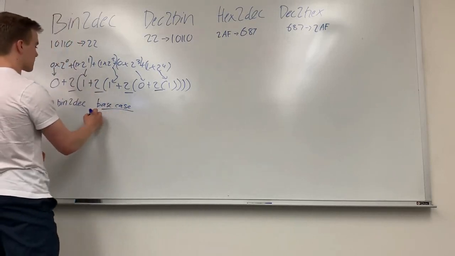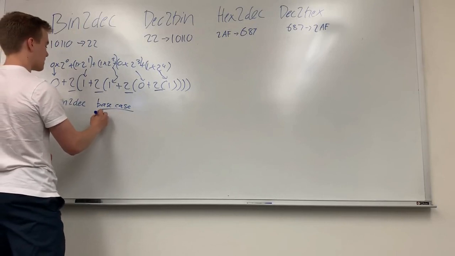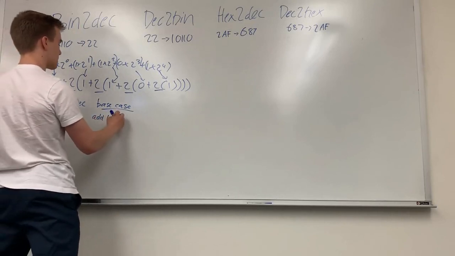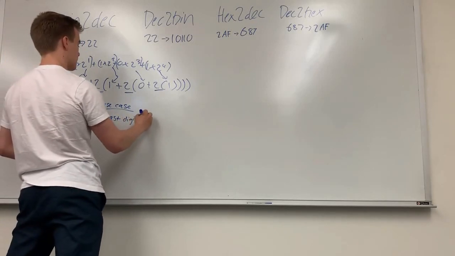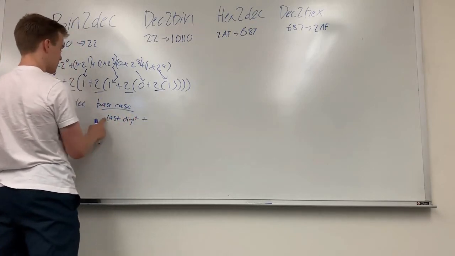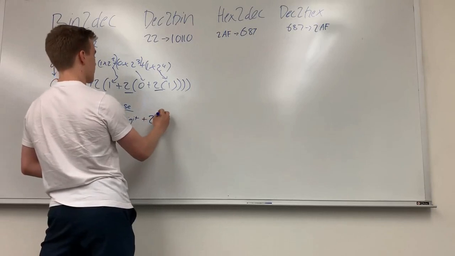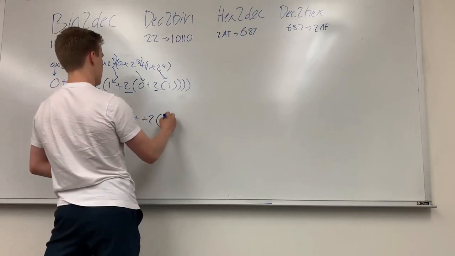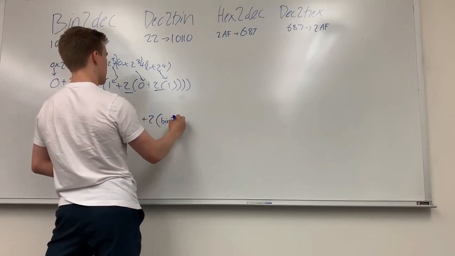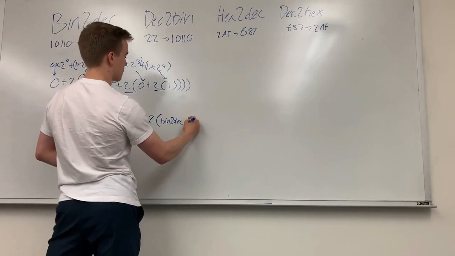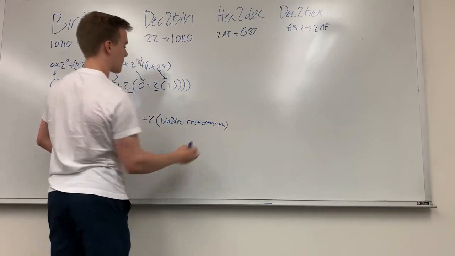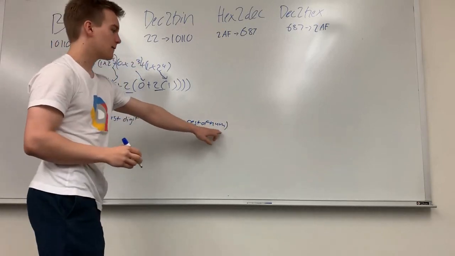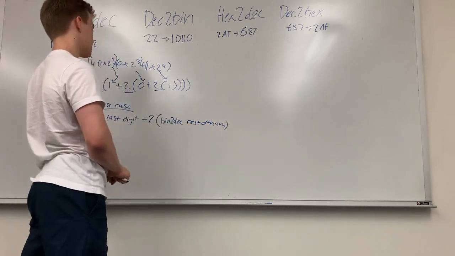And then a recursive case will say something like, last digit plus 2 times bin to dec of the rest of num. And by rest of num, I mean everything except for the last digit.